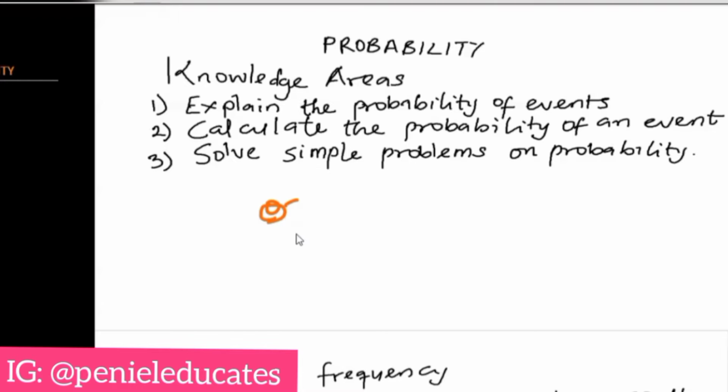Or we can say that every family in Nigeria must at least have one person, either female or male, in that family. That's a probability that is certain. So all these events that have probability 1 are events that are certain.